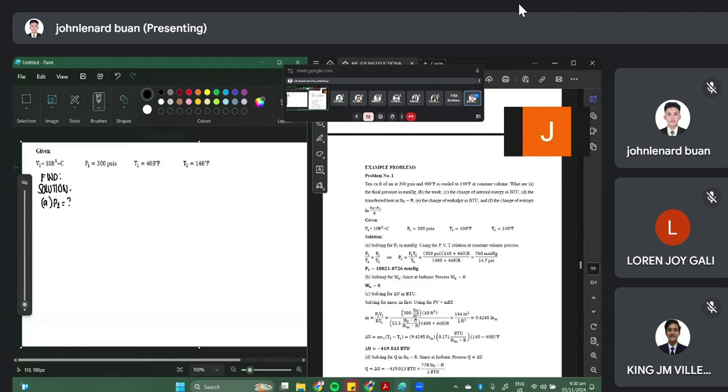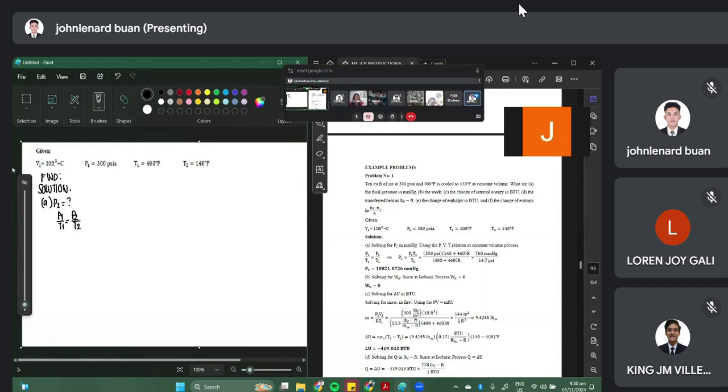So from the equation, since using the PVT relation at constant volume process, we have here P1 over T1 is equal to P2 over T2.